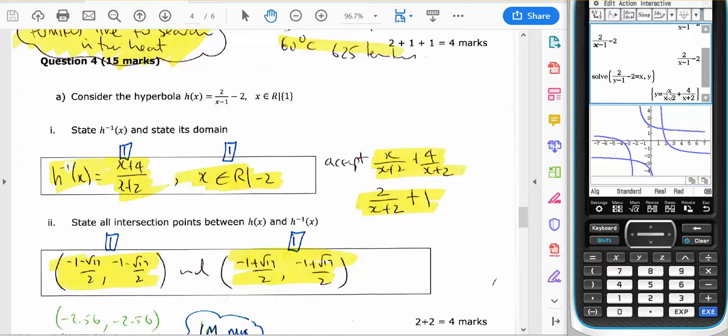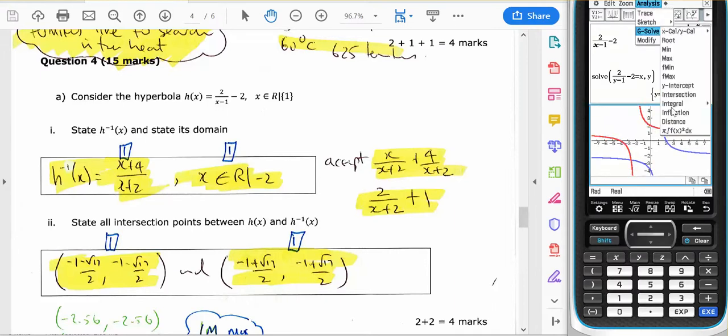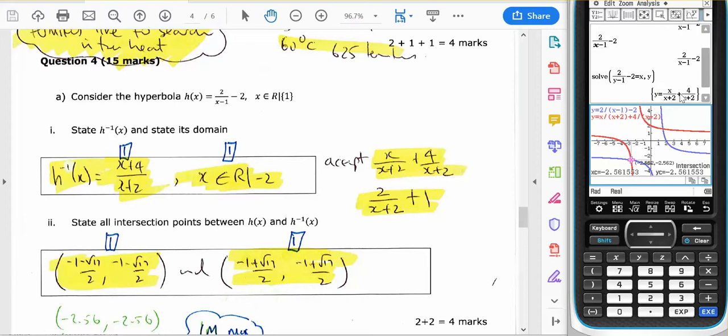If I took this component only, not the y equals, and then did Intersection, G-Solve, then I find that that's -2.56 and positive 1.56.